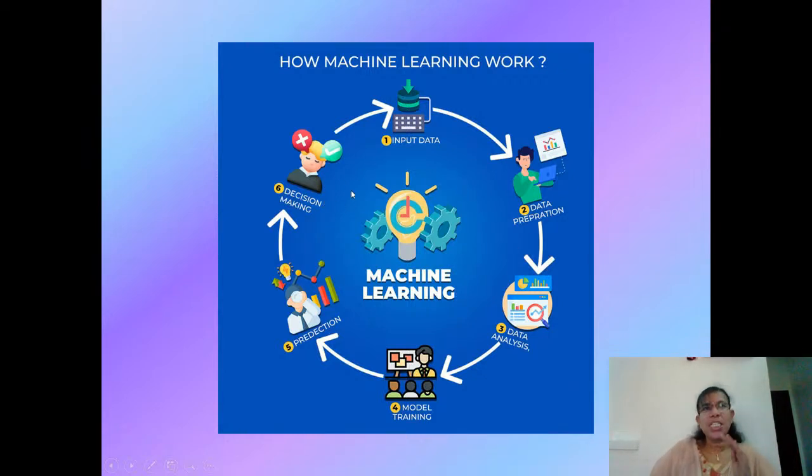Okay, so decision making. What do you mean by decision making? How will we get it? We will take the evaluation. We will take the accuracy of the algorithm. Anytime we develop some algorithm, we need to check its accuracy. Many methods are there to check the accuracy of the algorithm.